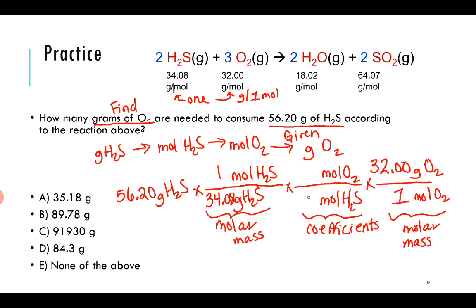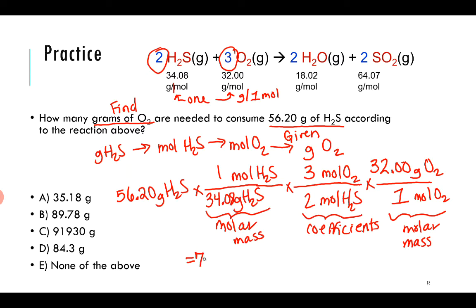And then the coefficient here is a 2, and that's a 3 next to the O2. So let's go ahead and type that into our calculator. 56.20 times 1 divided by 34.08 times 3 divided by 2 times 32.00.